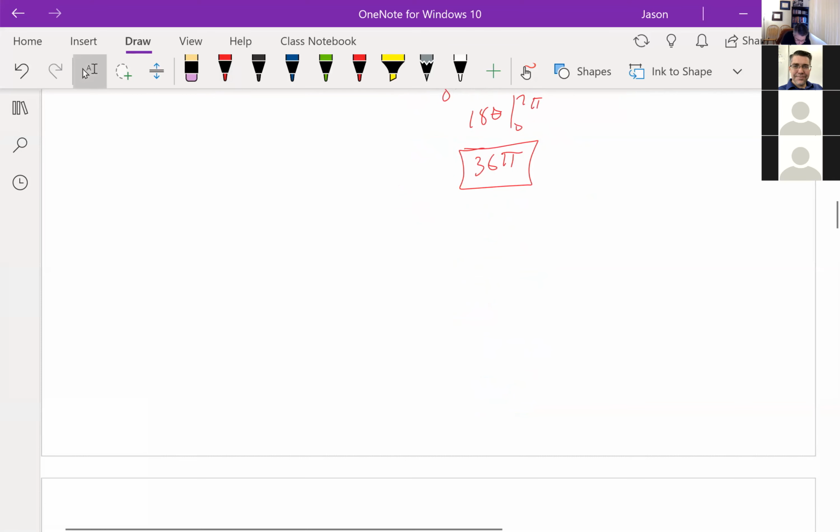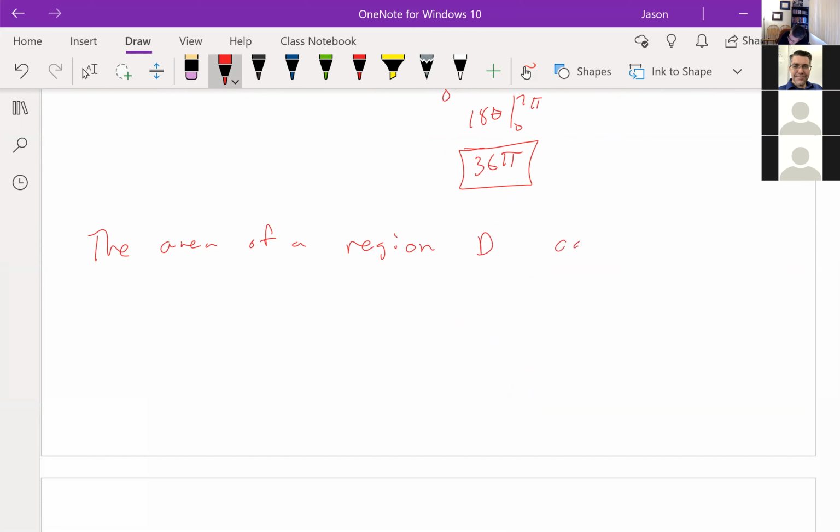Okay, so the area of a region D can be computed using Green's theorem where dQ/dx minus dP/dy is equal to 1.